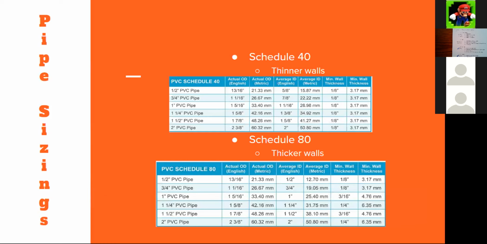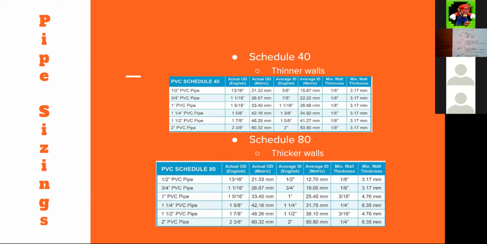There are two major types of PVC piping for sizes. They are called Schedule 40 and Schedule 80. I'm not quite sure if you can see the charts, but the OD, which means outside diameter, and ID, which is inside diameter, are majorly different when comparing them to each other.